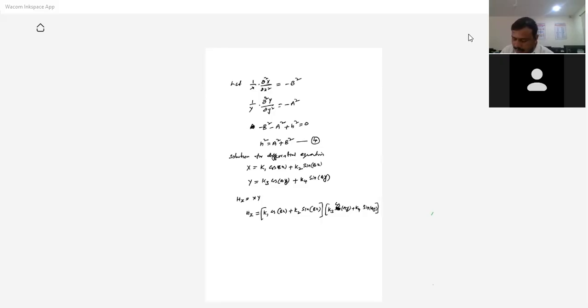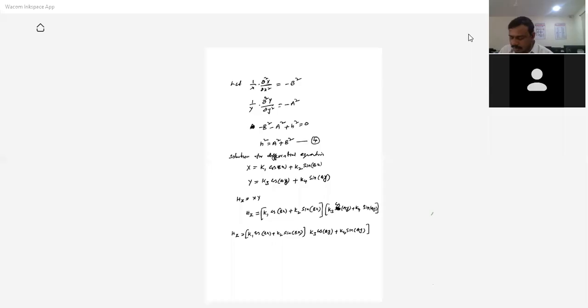So this is the final equation. I'm writing once again. Hz is equal to k1 cos bx plus k2 sin bx into k3 cos ay plus k4 sin ay.